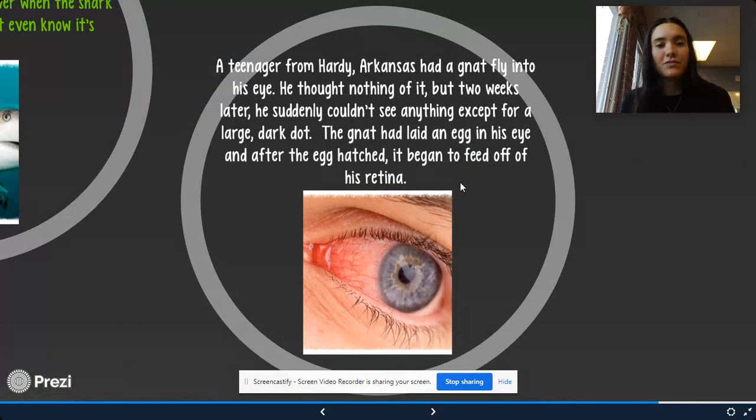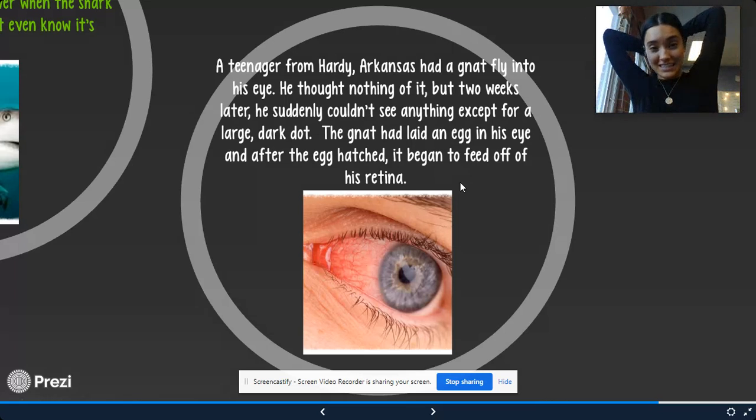A teenager from Hardy, Arkansas, had a gnat fly into his eye. He thought nothing of it, but 2 weeks later he suddenly couldn't see anything except for a large dark dot. The gnat had laid an egg in his eye. After the egg hatched, it began to feed off his retina.